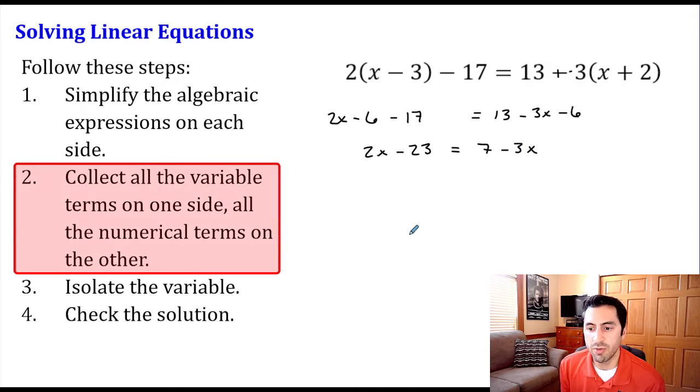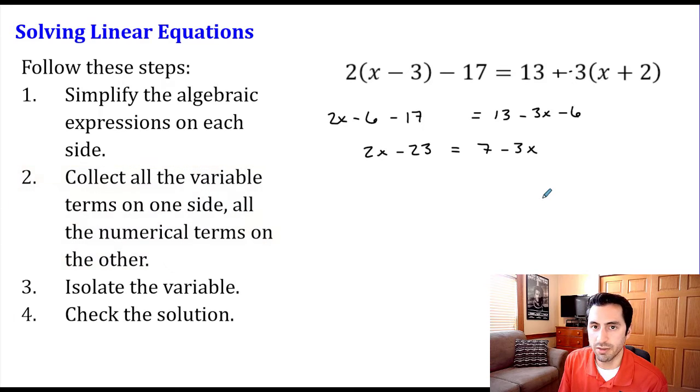Now the second step is we want to collect all of our variable terms on one side and all our numerical terms on the other. And it doesn't matter which way I go. So I can move the 3x over to the left, or I can move the 2x over to the right. Either way will work. I'm going to add 3x to both sides.